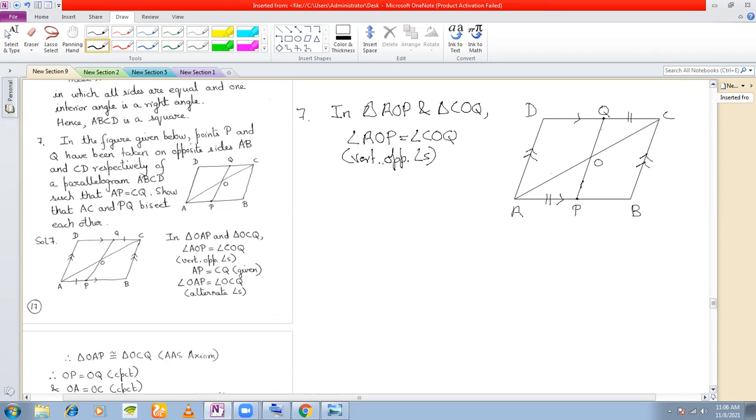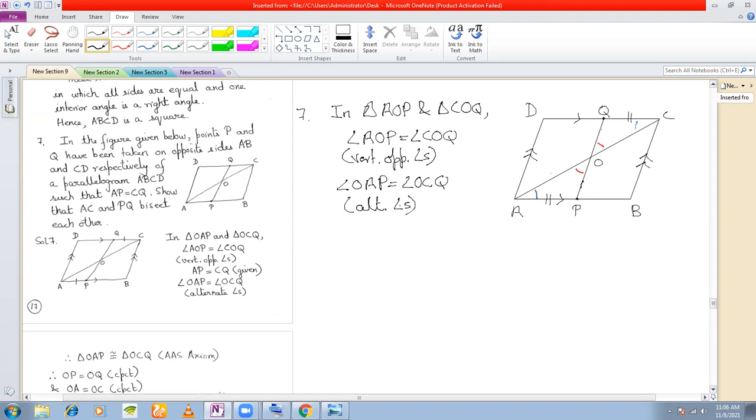Next, what can you say? Let me mark here. I will later erase. These two angles are equal because they are alternate angles. We'll write angle OAP is equal to angle OCQ because they are alternate angles.